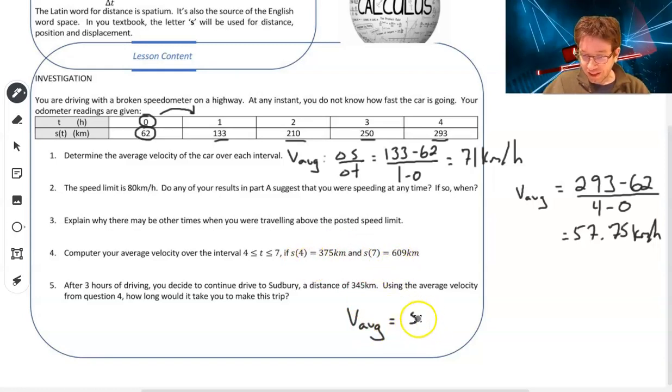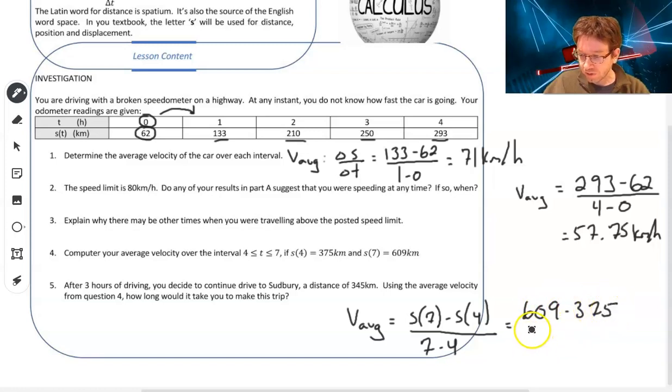It's going to be the function at 7 minus the function at 4, all over 7 minus 4. Which in our case is 609 minus 375, all over 7 minus 4, which is 3. Okay, and you'll get 78 kilometers per hour. So our average speed is still not over the speed limit.